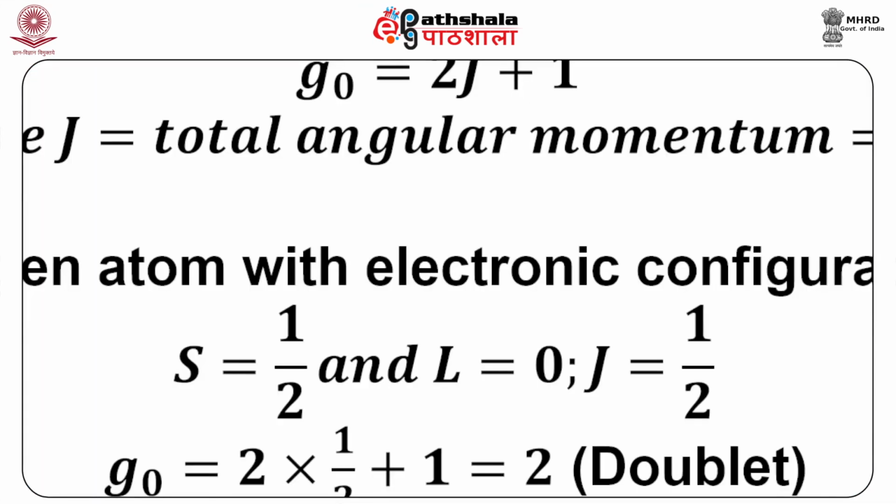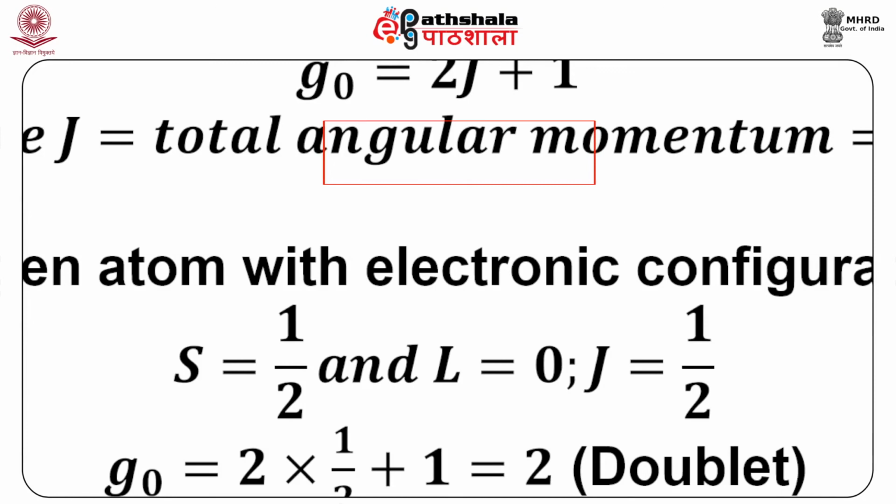There are various methods which you have already studied. If you do the Russell-Saunders coupling, there you can find out the degeneracy of the ground electronic state. There are well-known expressions. Generally, the states are doublet, as you can see here in the case of hydrogen atom.